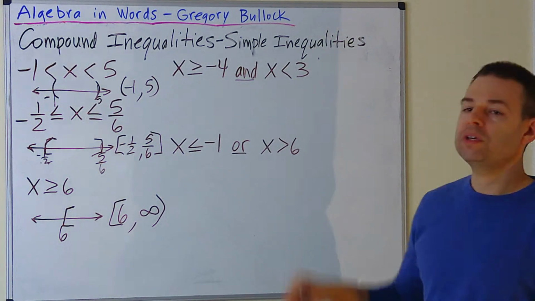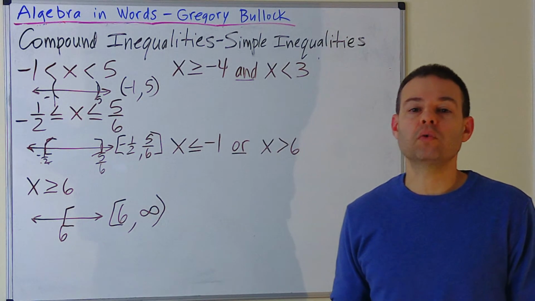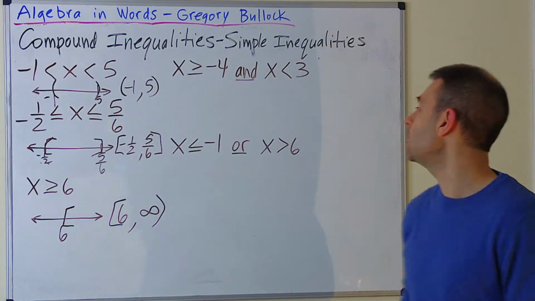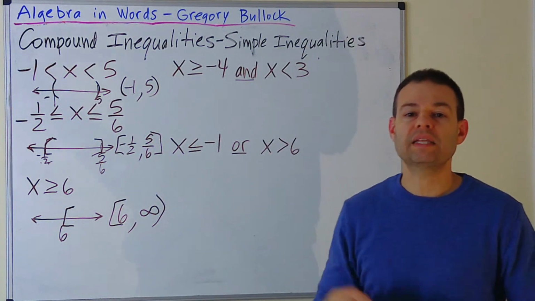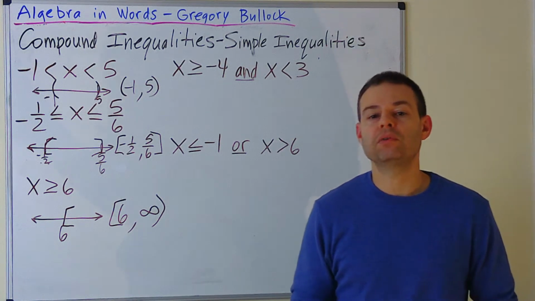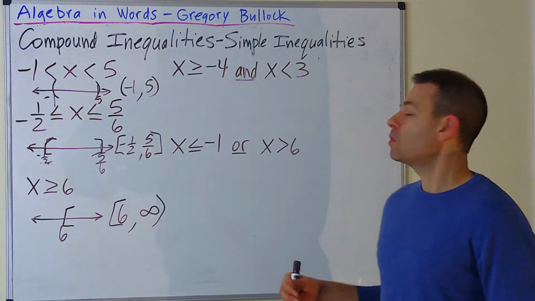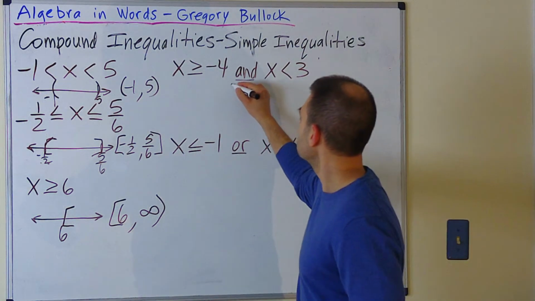But here, let's first combine them as a compound inequality, meaning taking the two inequality statements and consolidating them into one. There's a very easy way you can do that. First of all, you might start by just putting x between them like this.